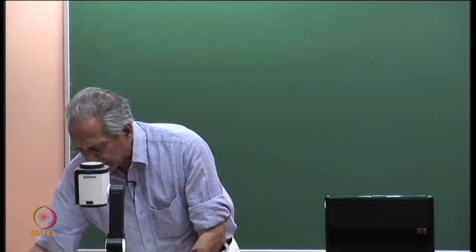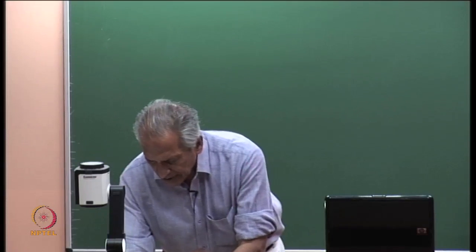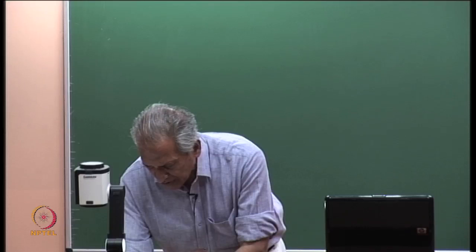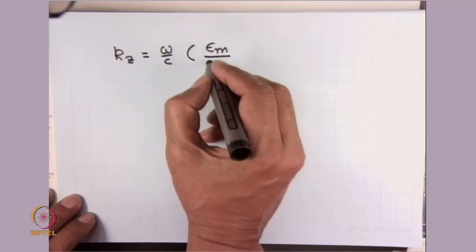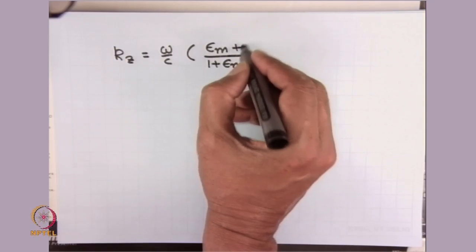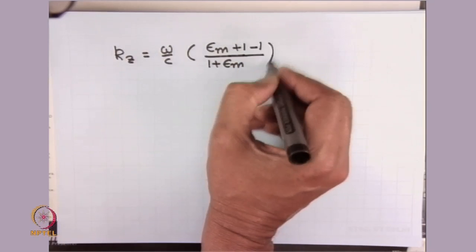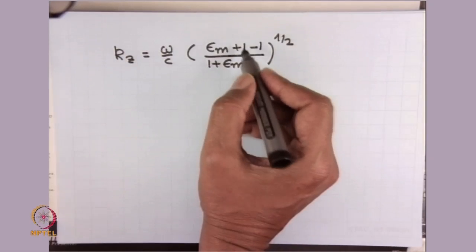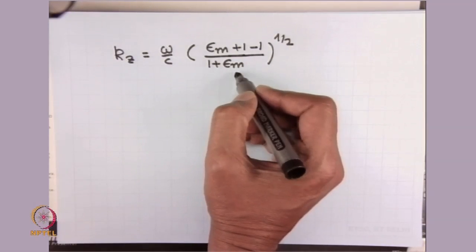So when we are talking of medium frequency communication over the earth, kz of this wave is equal to omega by c, and it was epsilon m upon 1 plus epsilon m. My suggestion is take plus 1 here and subtract minus 1 here, and then divide this quantity by 1 plus epsilon m.